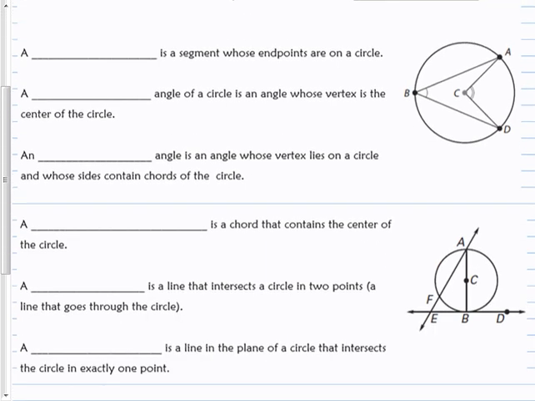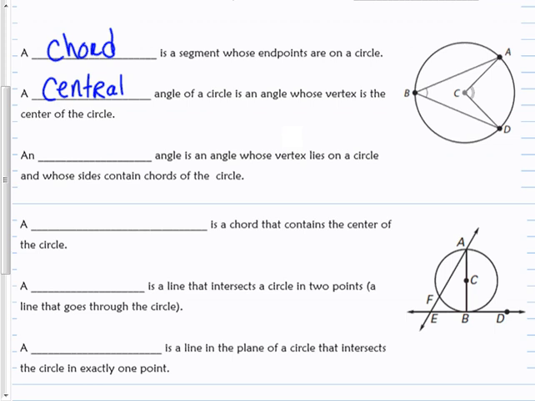A chord is a segment whose endpoints are on a circle. A central angle of a circle is an angle whose vertex is at the center of a circle.